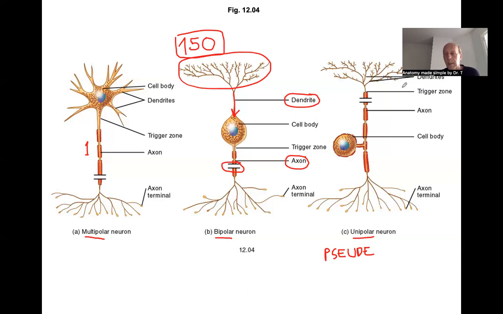But we see this type of cell also has an extensive dendritic spine. We have quite a long axon, and truly the cellular body appears to be just attached sideways to the axon. But this doesn't exclude the presence of dendrites. We still have them, but we have one axon and the body shifted sideways to the axon, hence the name, looking like unipolar, but really it is a pseudo-unipolar neuron.